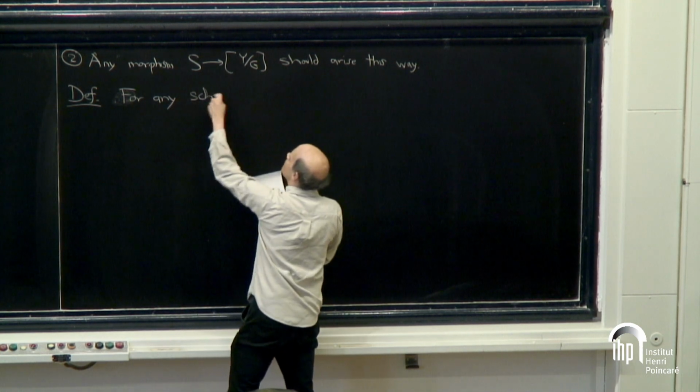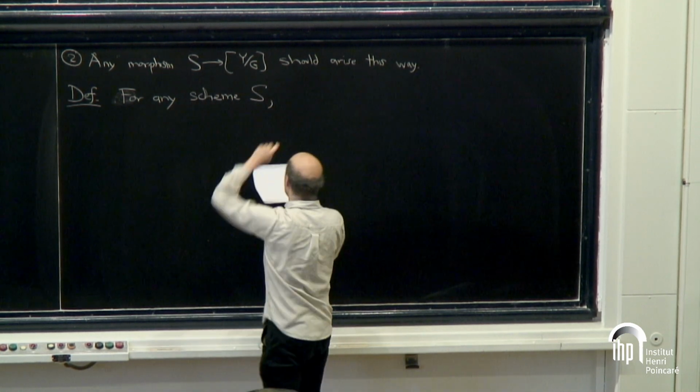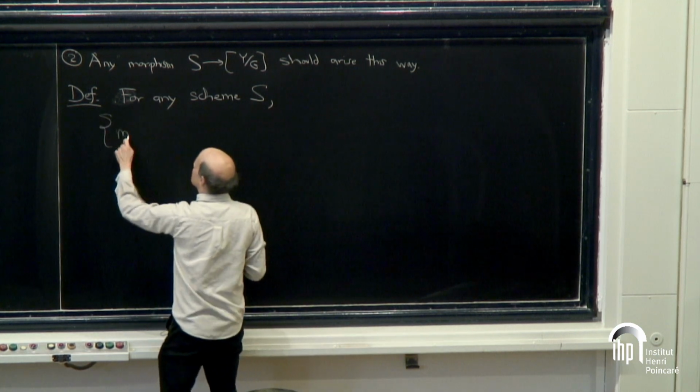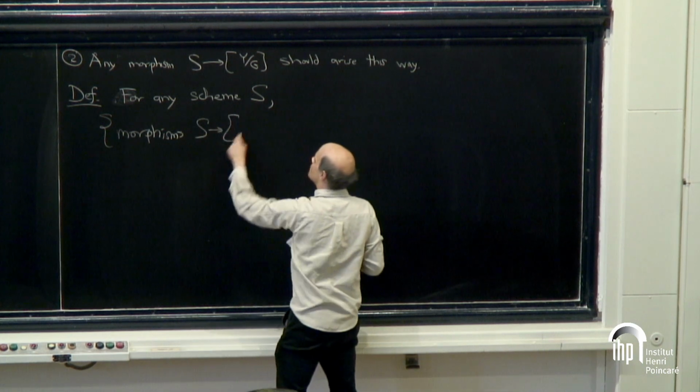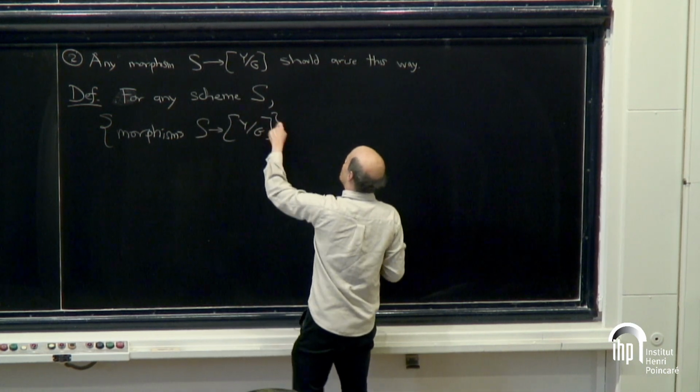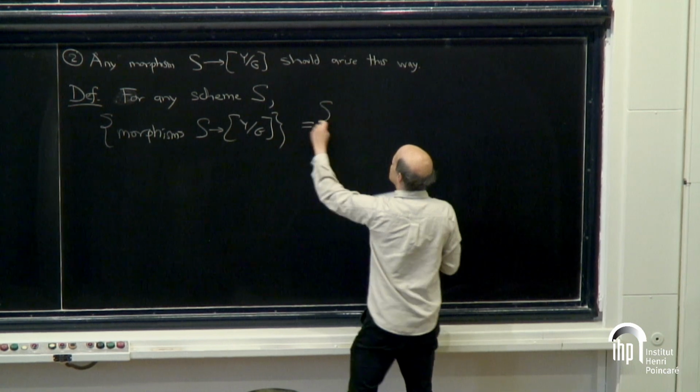So for a scheme S, if you take the morphisms from S to this Y mod G, what data do you need to give this?